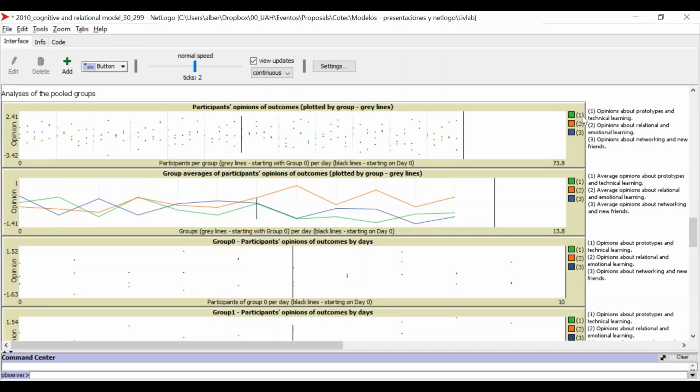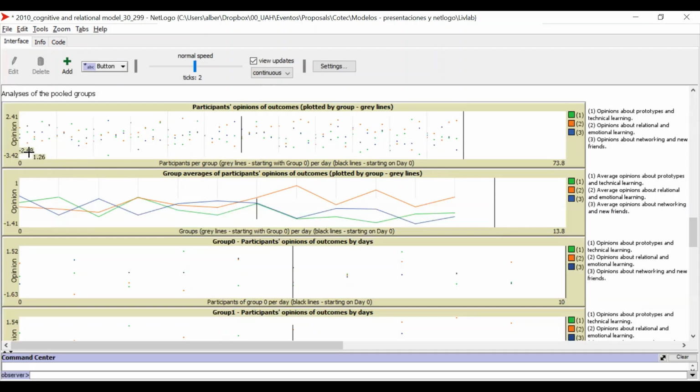The green dots represent the technical learning, the orange dots represent the emotional and relational learning, and the blue dots, the opinions about networking. So each triad, each 3 dots, represent the opinions on these 3 different types of outcomes of each participant. So we can compare them against others or against themselves day by day.